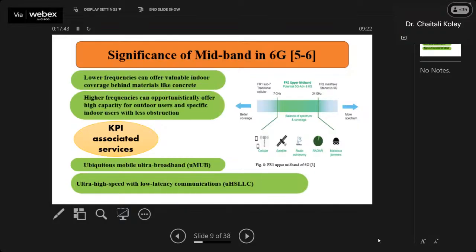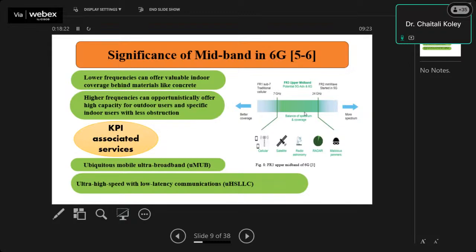Now, as my topic is in terms of the FR3 band, let me first explain the 6G band. Nowadays India is also working on 5G and 6G frequencies. A lot of research is going on in 6G communication. As we know, among the different spectrum, the 7 gigahertz to 24 gigahertz range is known as the mid band in 6G.